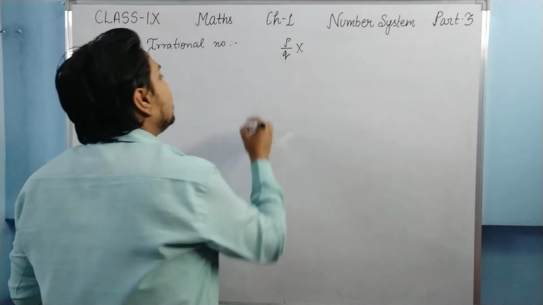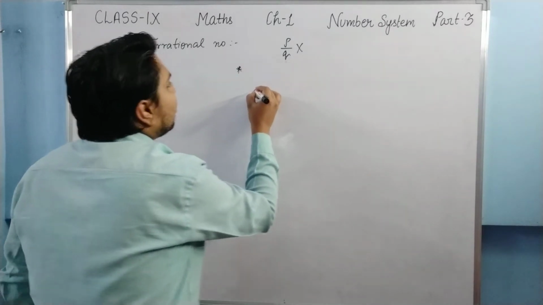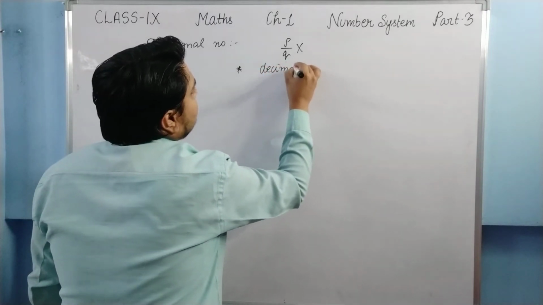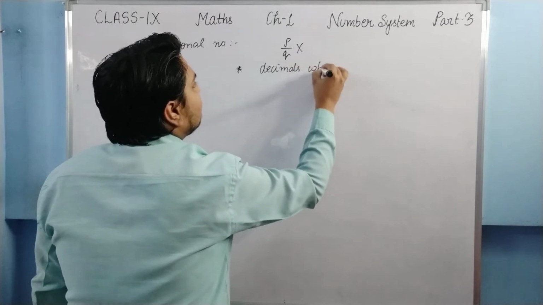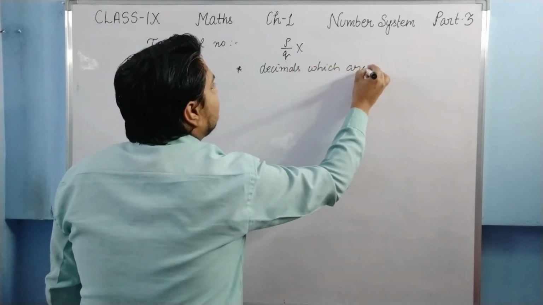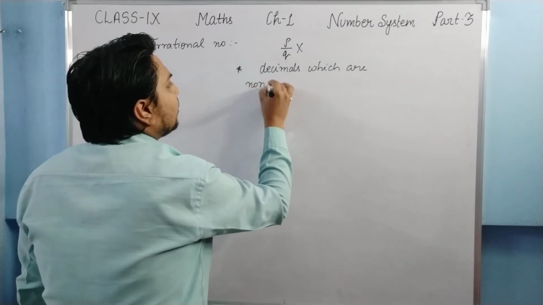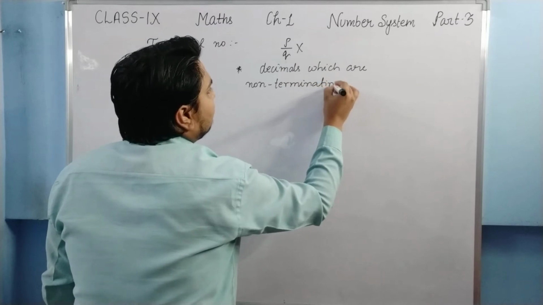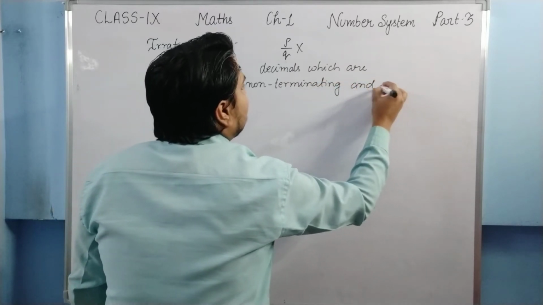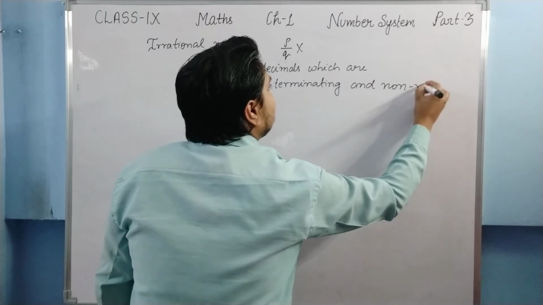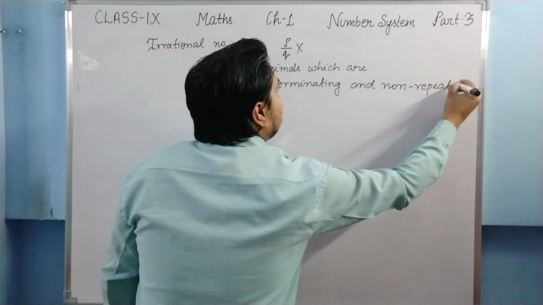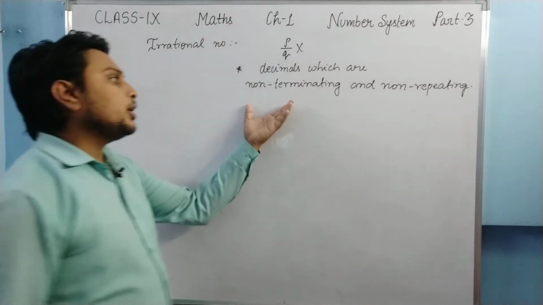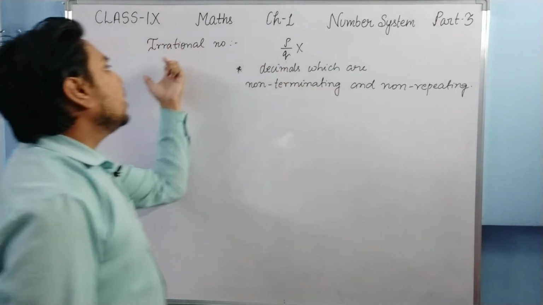And one more definition I told you, that the decimals which are non-terminating and non-repeating type are also irrational numbers.